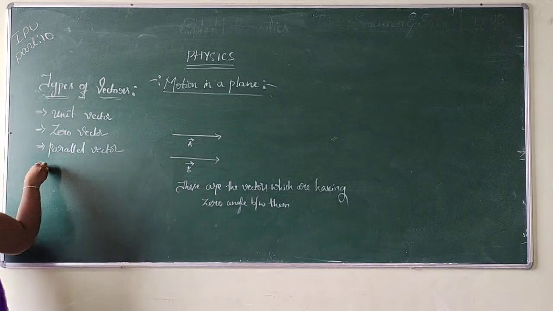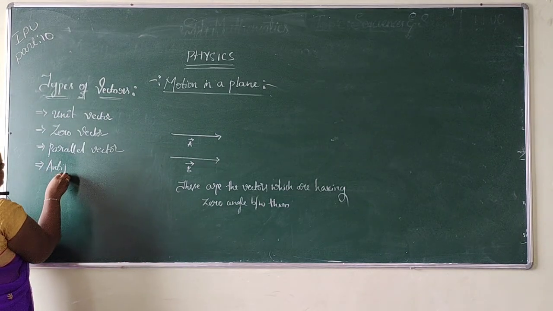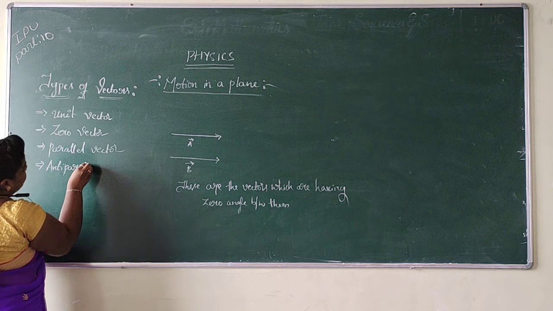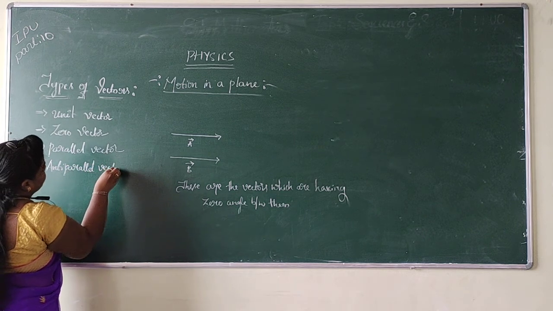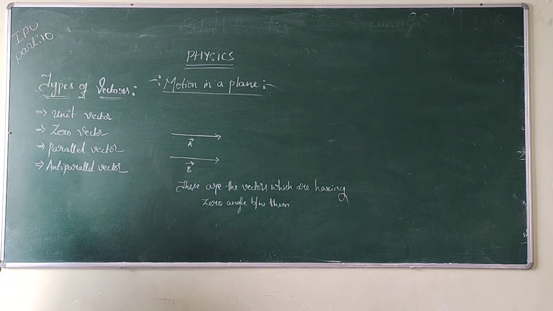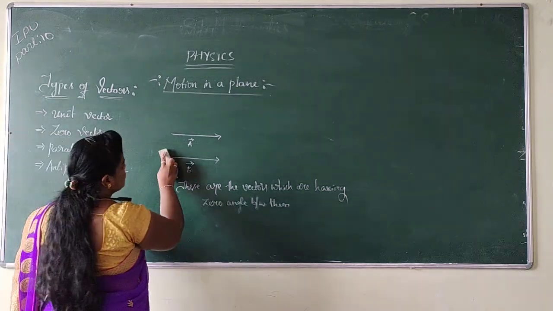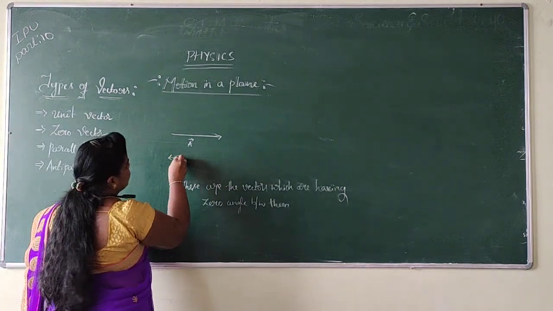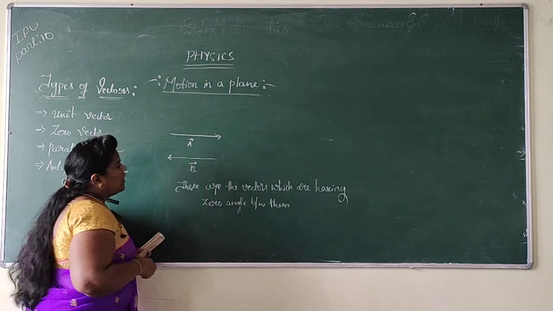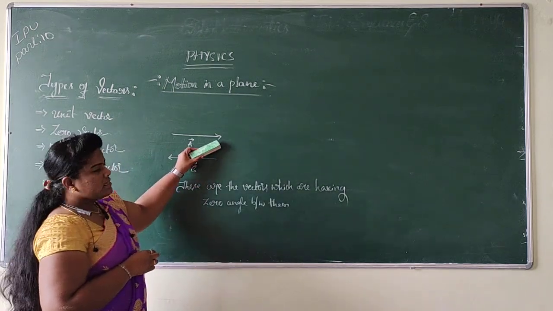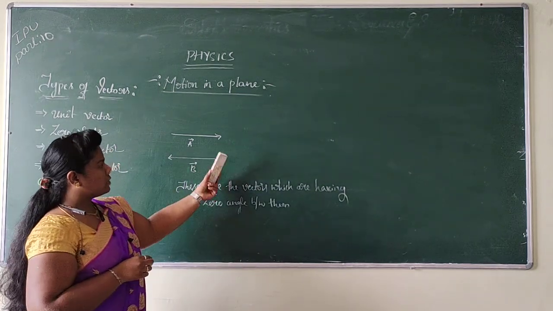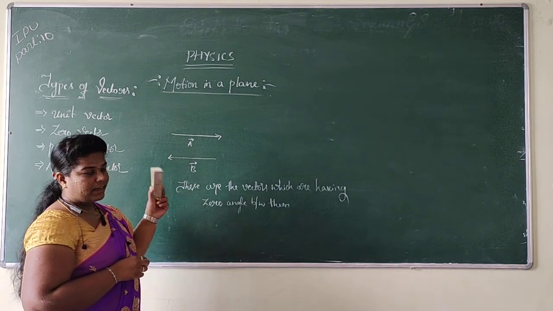Similarly, we have another type of vector, that is anti-parallel vector. Dear students, if I write it in this way, you can observe one vector is moving in one direction, whereas another vector is moving in the opposite direction.